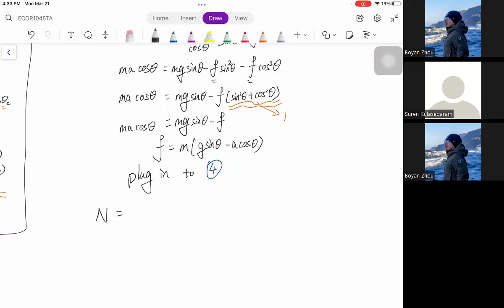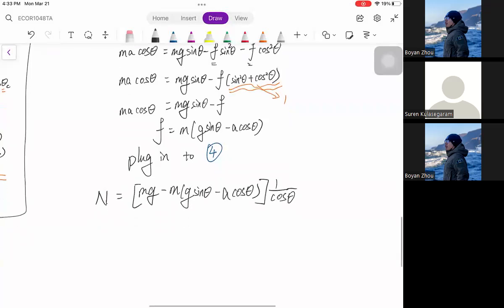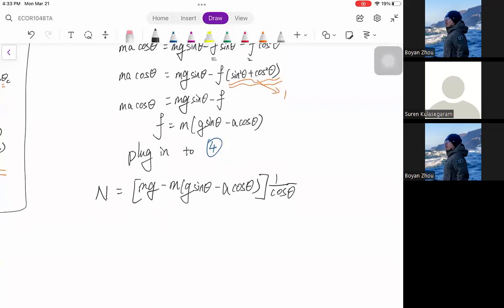So N will be equal to mg minus m(g sine theta minus a cosine theta) sine theta, and then I'm going to open the bracket.